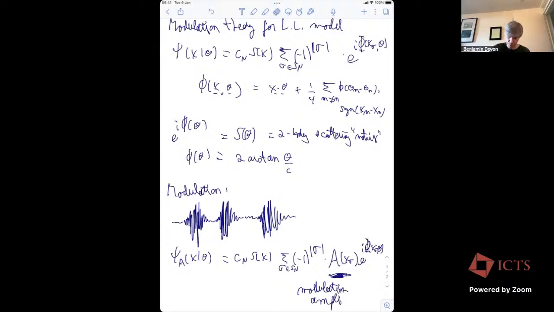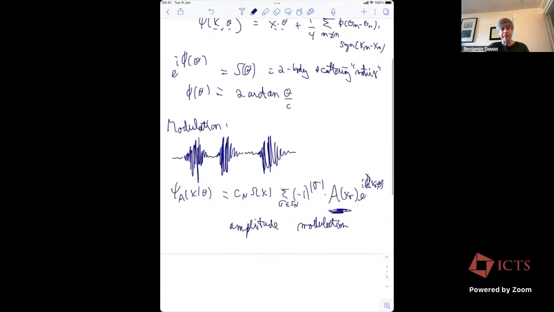Actually, I call that amplitude modulation. Now I would like this function to be slowly varying, so I'm going to make it on a large scale. So I put x divided by L. And now I would like to know how this evolves in time.